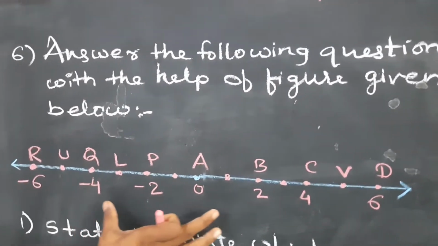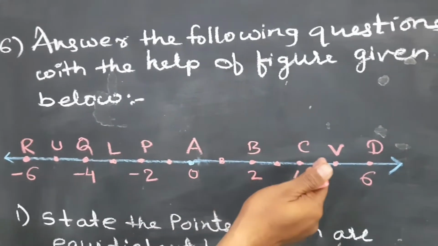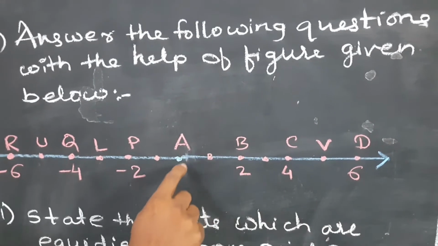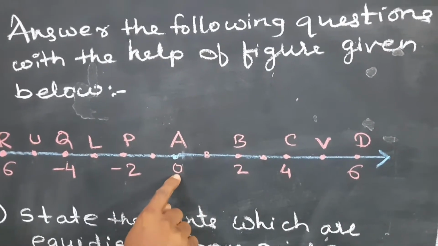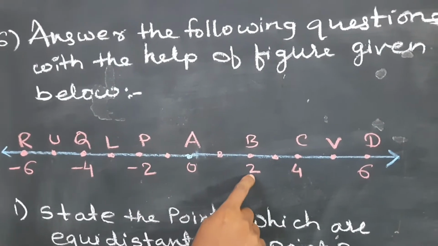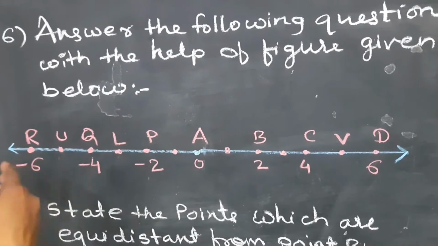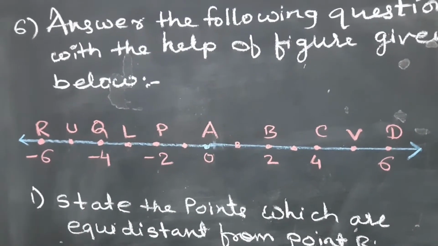As you can see, a number line is given with various coordinate points. For example, the number 0 is associated with coordinate A, number 2 is associated with coordinate B, and so many coordinates are given here.